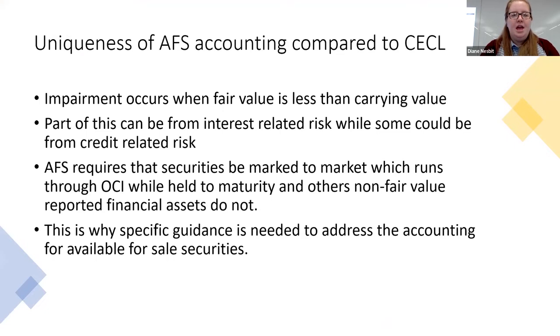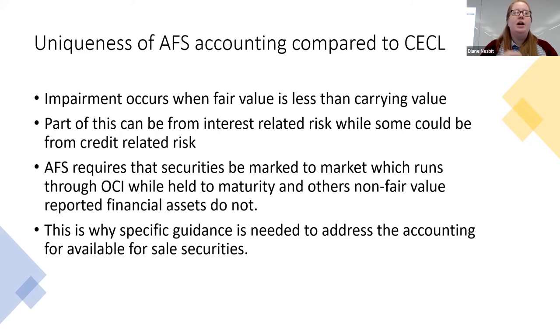So again, some of these items we already mentioned, but looking at the available for sale treatment versus CECL, when you're looking at available for sale, impairment is triggered when the fair value is less than the current carrying value. As we noted, we'll look at how we're going to break that out between credit related risk versus interest related risk.